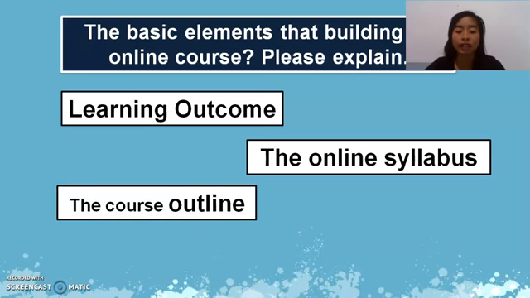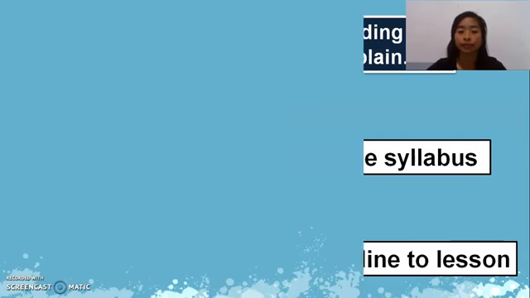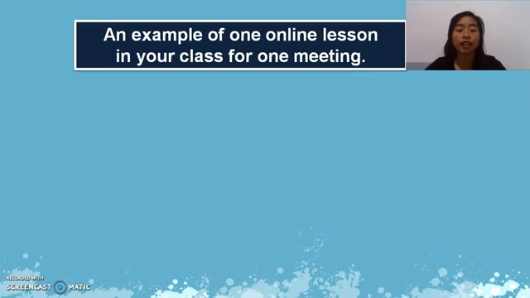Then the course outline means that the learner will find it easier to group the activities for every meeting. And the last one, course outline to lesson, means that the teacher and the learner do the lesson after understanding the outline. Then, give an example of one online lesson in your class or one meeting.